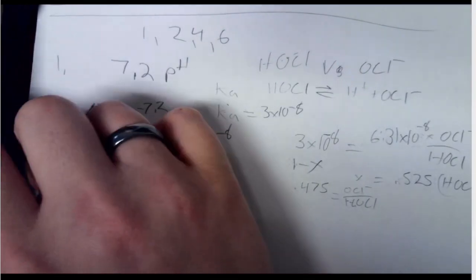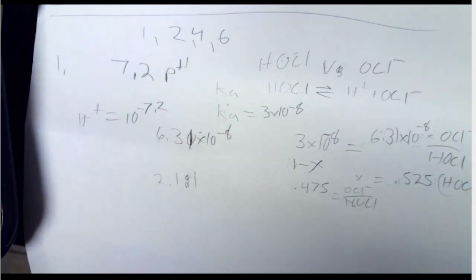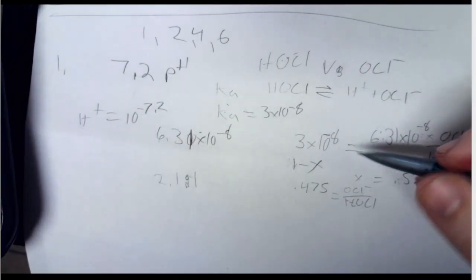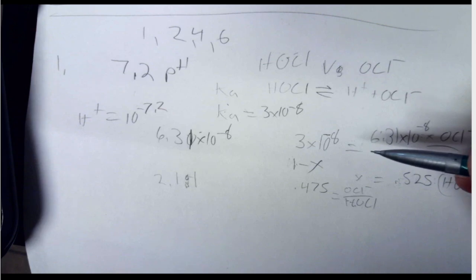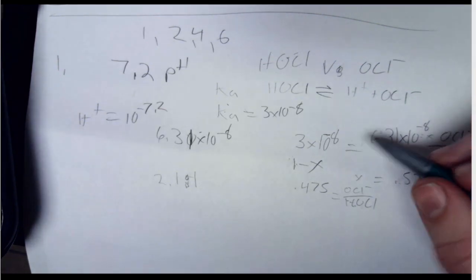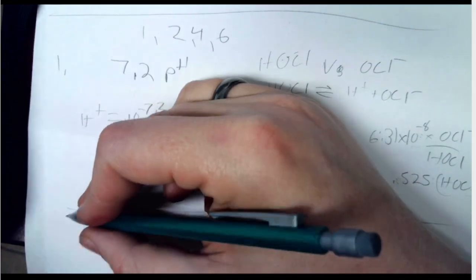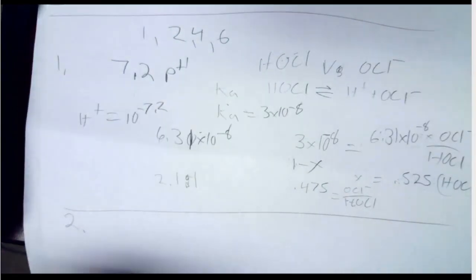If it was at 7 exactly, it's already 10 divided by 3, a 3.3 to 1 ratio. If you keep going, it's going to get higher and higher, and so it's going to be more disinfectant.